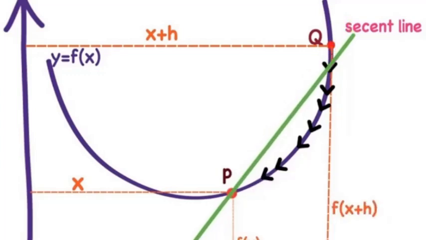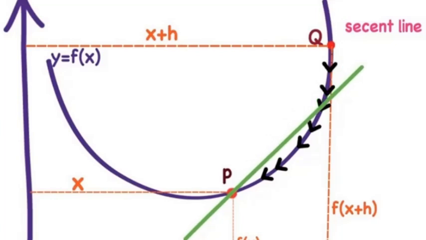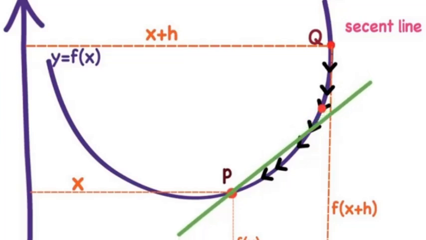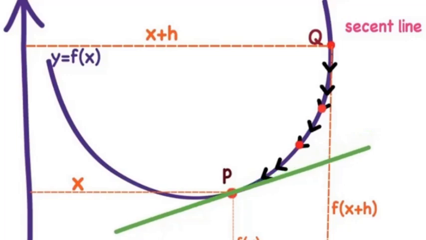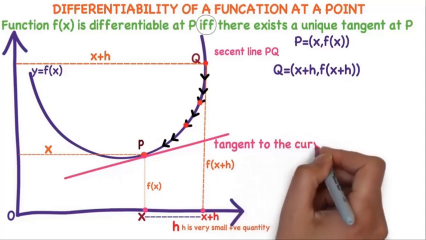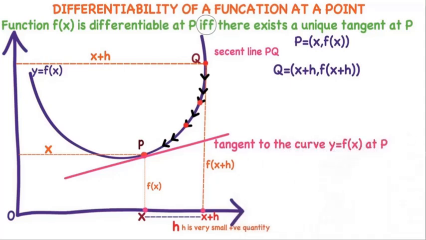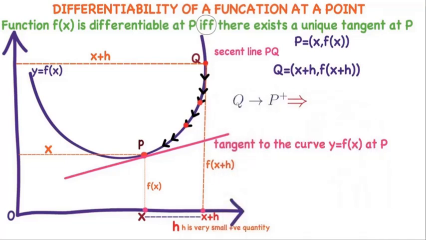When Q approaches P from the right, the secant line PQ is becoming the tangent to the curve y is equal to f of x at the point P. Please observe this carefully.